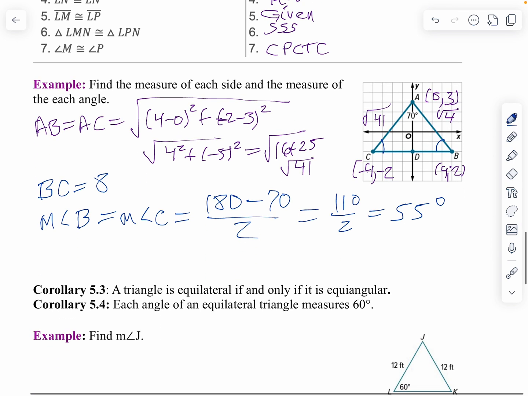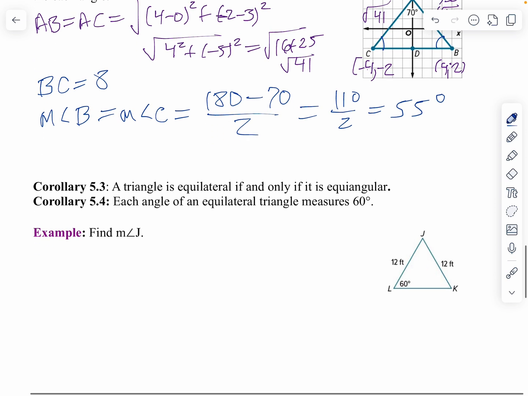Now, we have a couple corollaries that go along with this. Remember, a corollary follows directly from another theorem. If I have a triangle that's equilateral, I've got 3 equal sides, so I must have 3 equal angles. And if it's equilateral, I know each angle has to be 60 degrees because they're all equal. 180 divided by 3 is 60. So if I look at another example here, I've got an isosceles triangle.